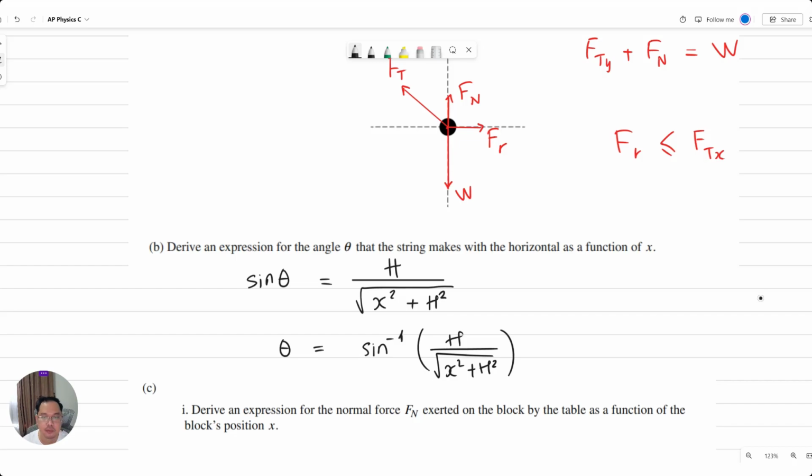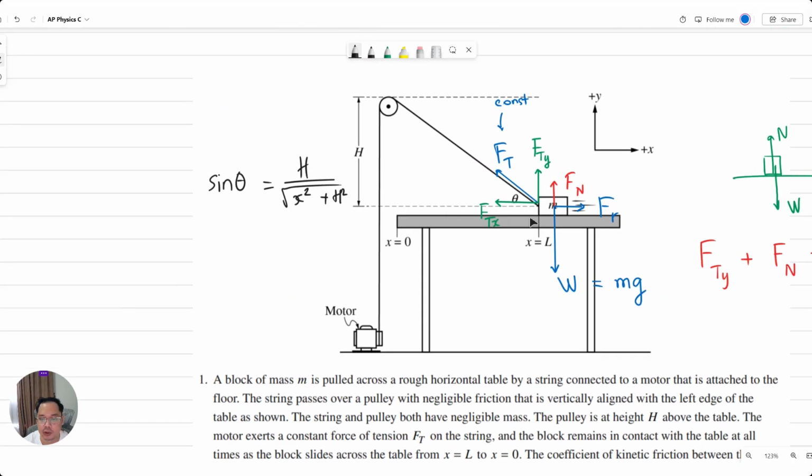This is the answer. But there is a second way to write the expression for the angle: we can use the tan of the angle. Tan of theta is opposite over adjacent, which is h over x, and therefore theta can also be represented as the inverse tan of h over x.